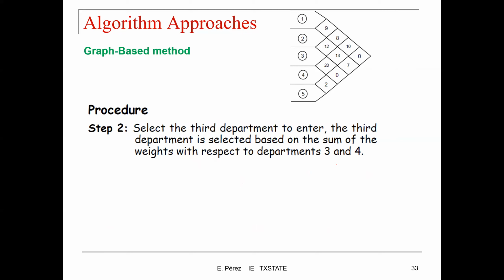So step 2, I'm going to list 3 and 4 here at the top, because those are the departments that are already in the graph, and then I have to decide who's going to enter next. My options are 1, 2, and 5. Those are the departments that are still missing. Now I'm going to look at the relationship between 1 and 3, 1 and 4. From 1 to 3, the weight is 8.